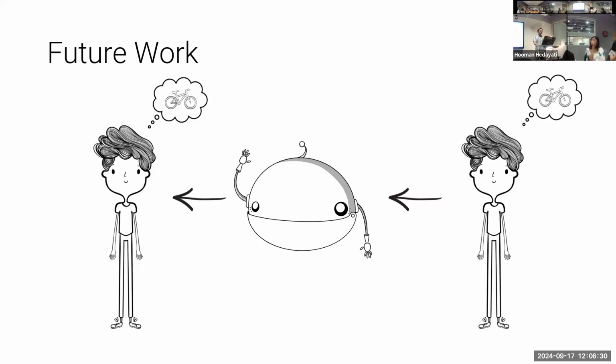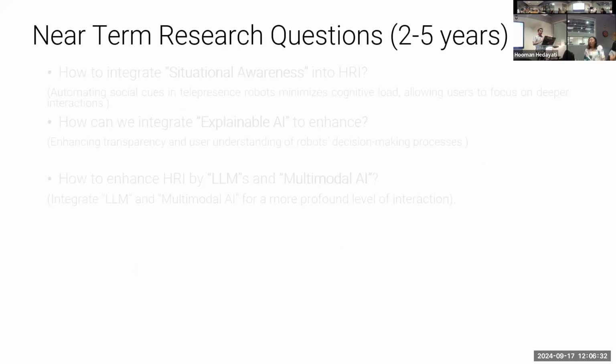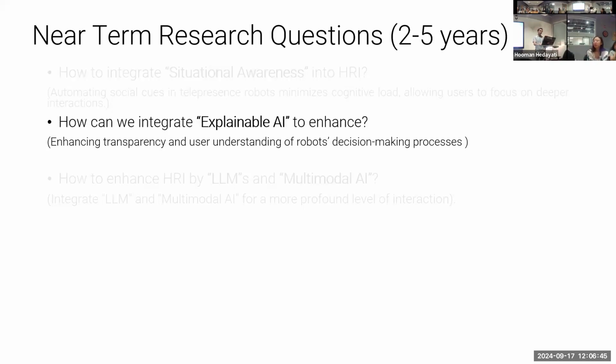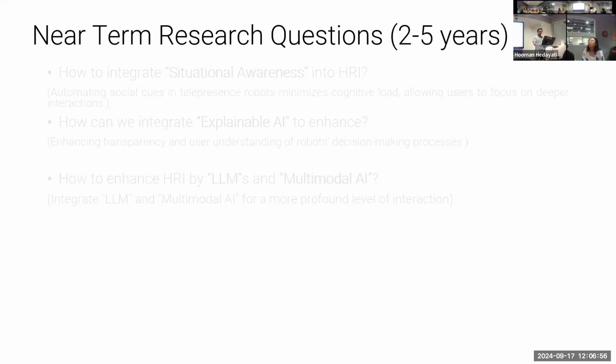So that is going to be the near-term research question that I want to work on: how to integrate social awareness into HRI, or how to use explainable AI to enhance HRI, and also how we can use LLM models and multimodal AI to make HRI better.